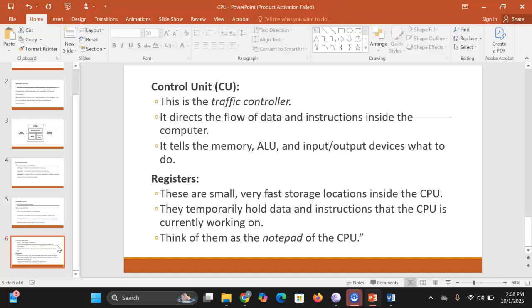So if some data comes from the input devices, it's temporarily placed inside the registers before it's sent to the ALU for processing, or after it has been processed, the registers can also hold that information temporarily before it's sent out to the output devices, or before it is saved inside the computer.